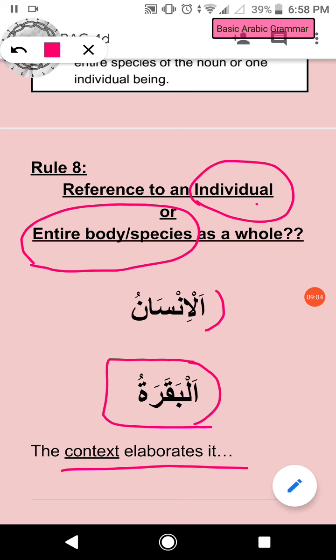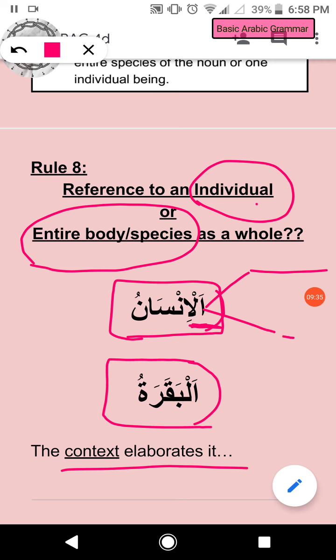So context elaborates it. For example, if we say al insanu, it could mean some special human being, or it could also mean the entire human race. So this al here may allude to two things: either just one special individual, or all the individuals in that species.